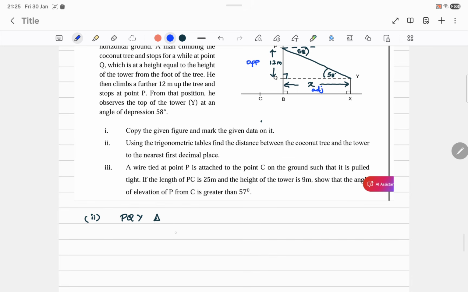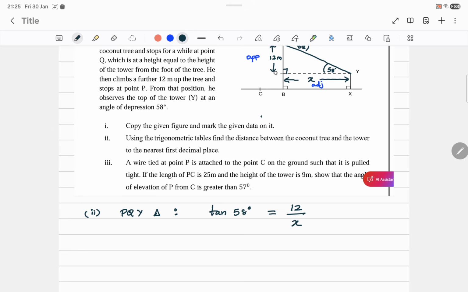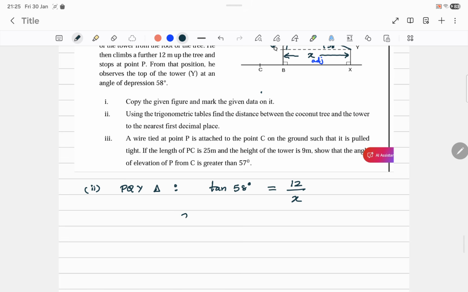Tan ratio, right? Opposite over adjacent. So tan 58, opposite is 12 over x. So x is equal to 12 over tan 58. Using the trigonometric tables, find the distance, right? So let's find tan 58 using what?